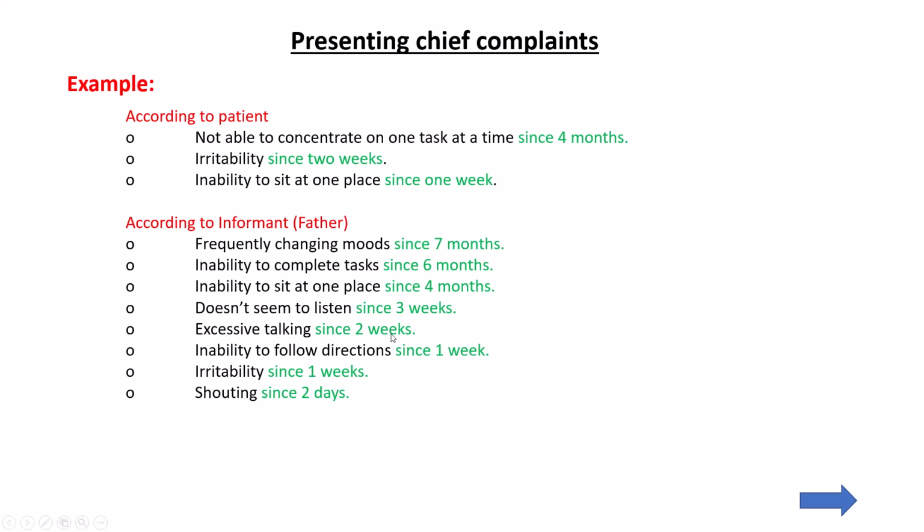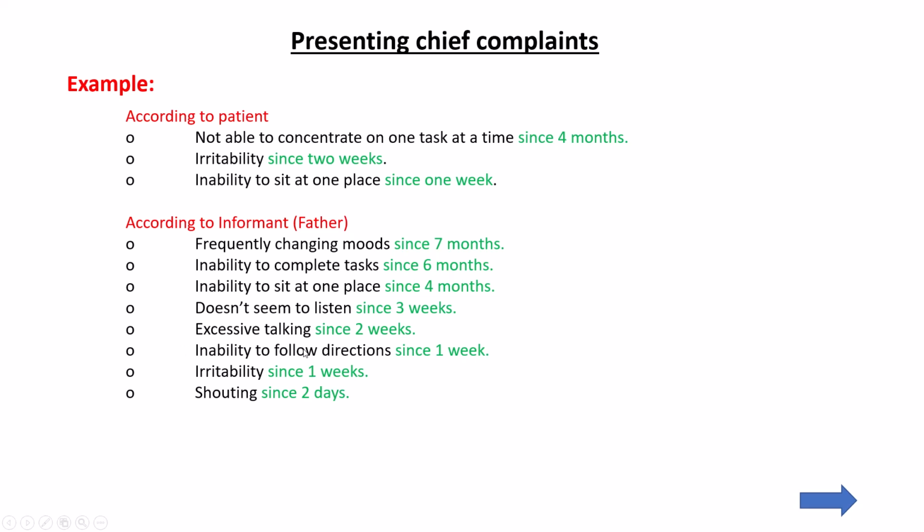So since 2 weeks. Inability to follow directions since 1 week. Since 1 week he is not able to follow any direction. Direction in the sense that his father tells him to go and purchase something, and he is not listening. When told to study for the best of his future, he is not following.